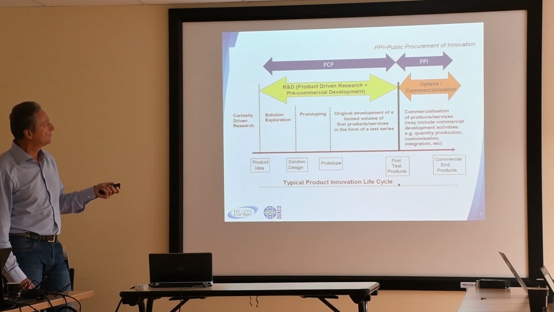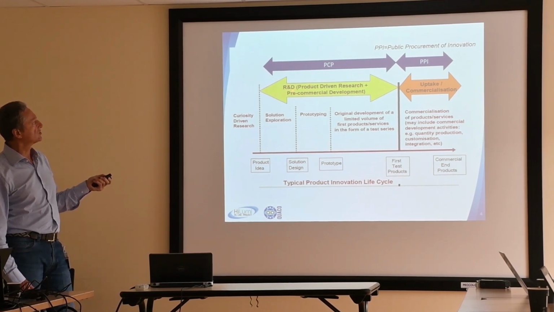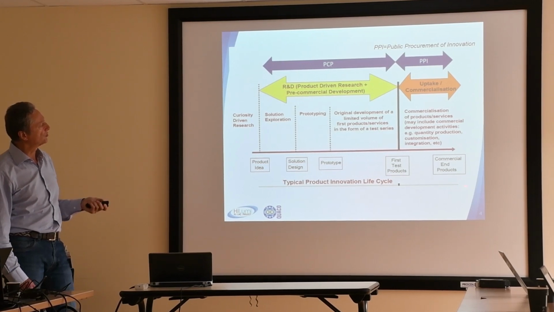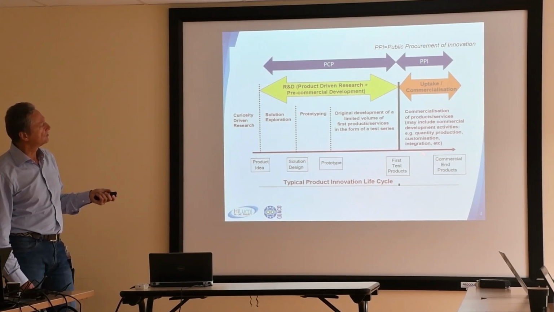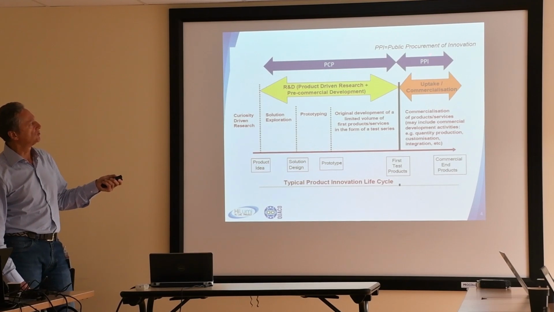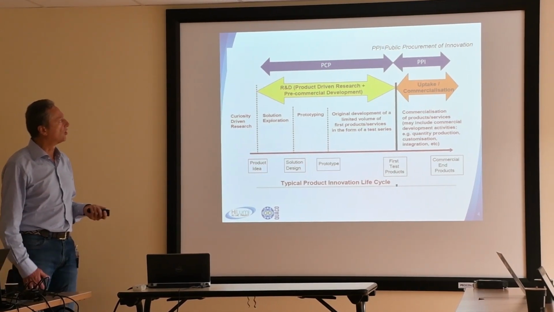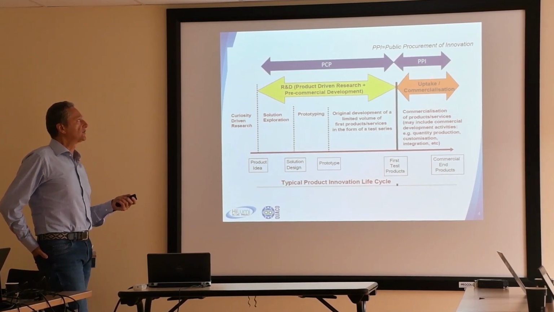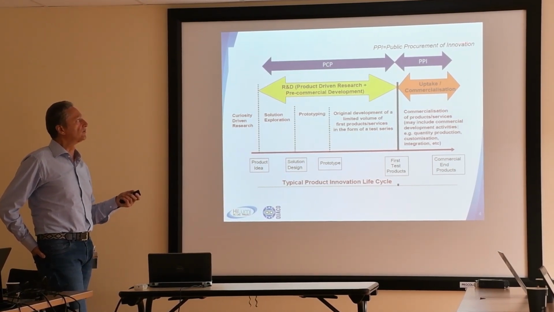This is the end of the research and development, product-driven research, which is called pre-commercial procurement. And then, from this point, a new, different scheme of financing can start, which is the public procurement of innovation.